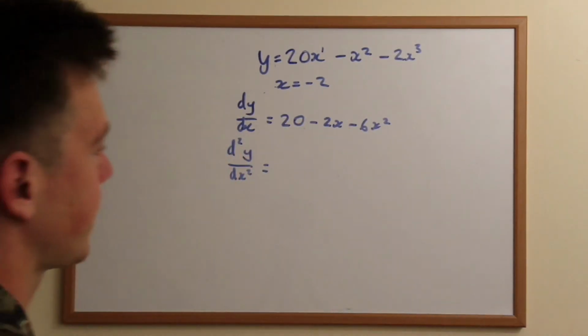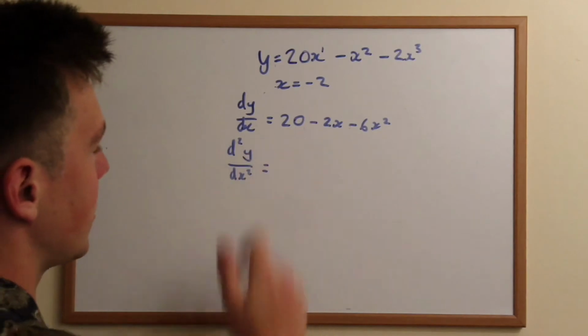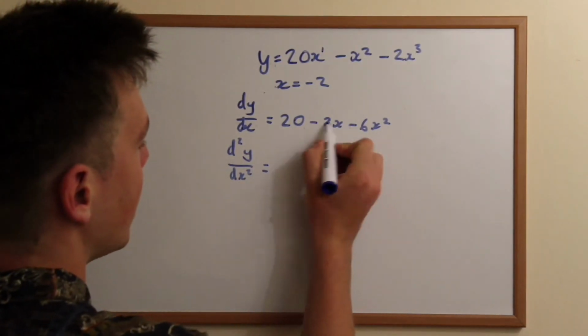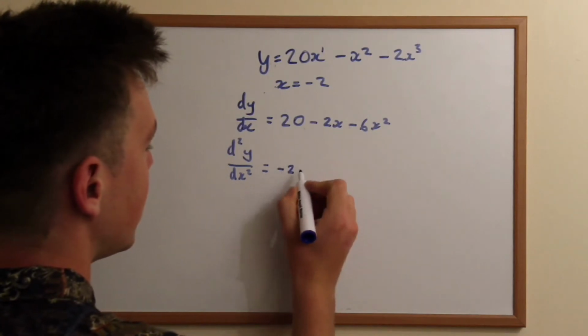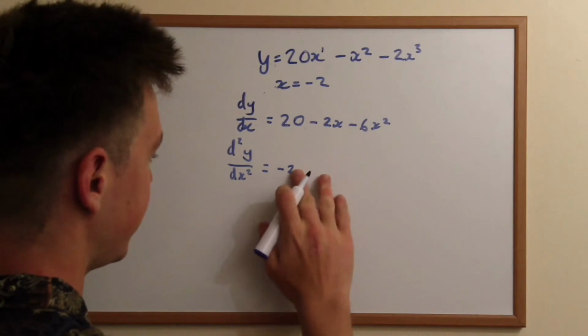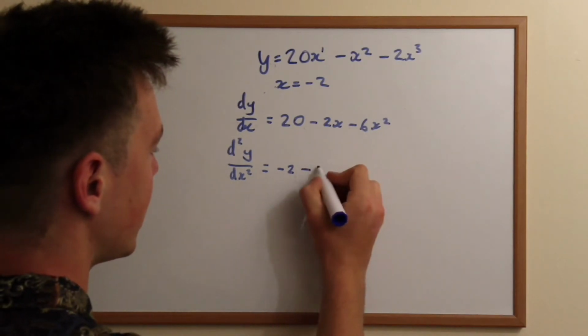So this part here is simply going to disappear. We have x to the power of 1 times negative 2, which is negative 2. And that becomes x to the power of 0, but that's 1. And we minus 12x.